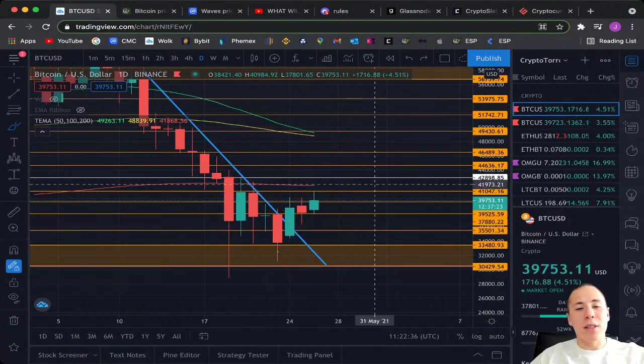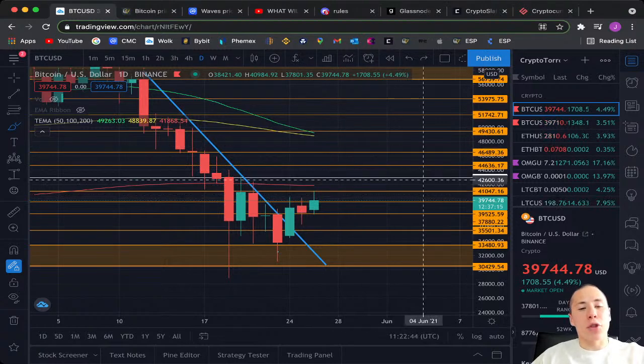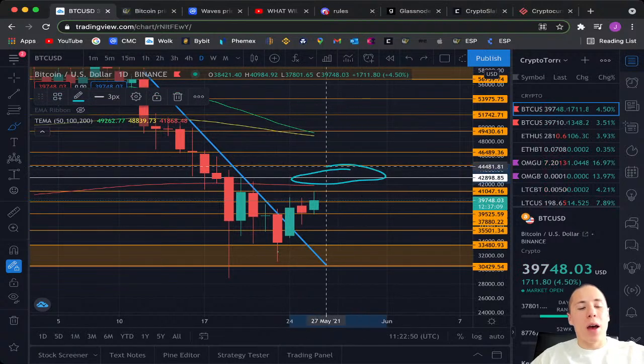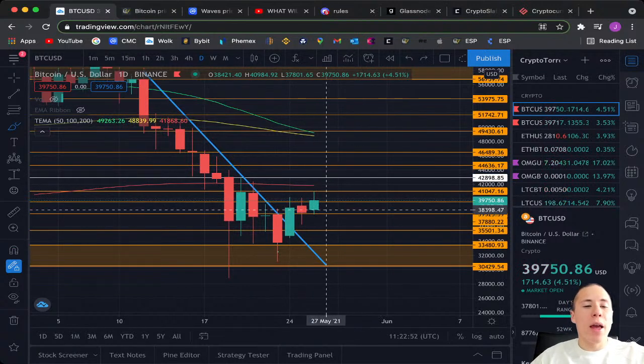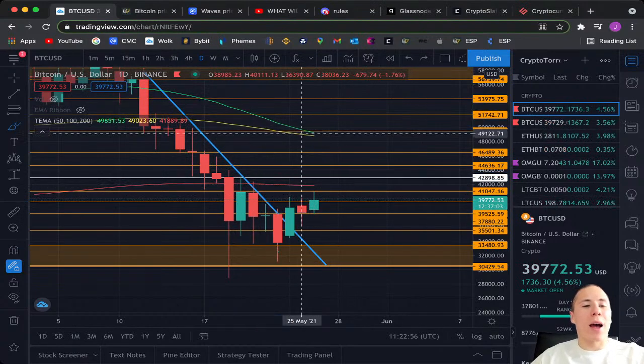So yes, we are still underneath this major level of resistance at $42,898, and for sure it is of utmost importance to also break above this white line of upper resistance before heading further. But as well, the 200 day moving average is something you will have to take a close look at.